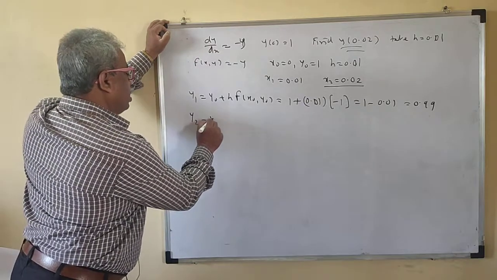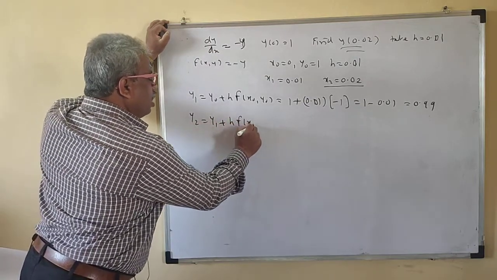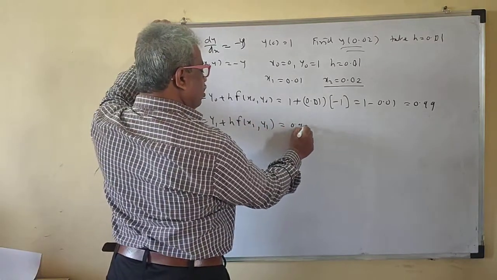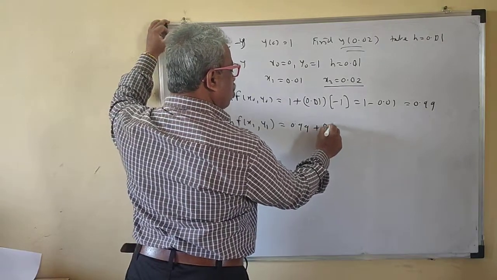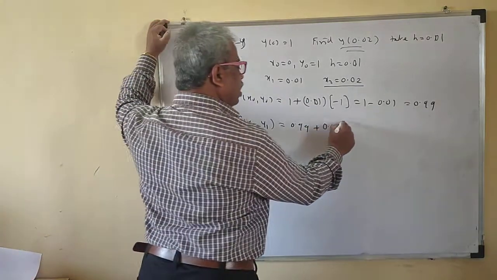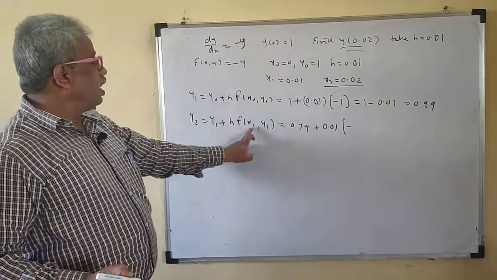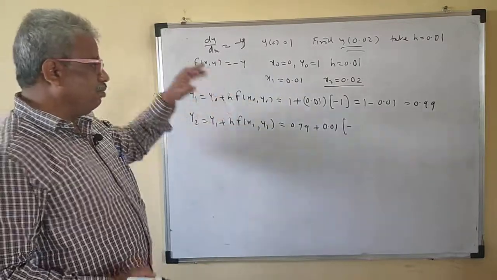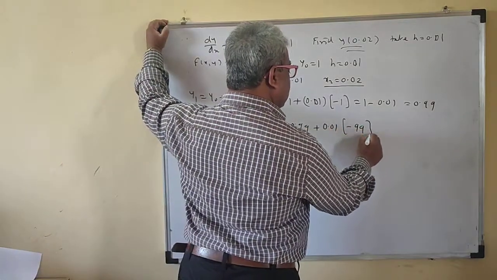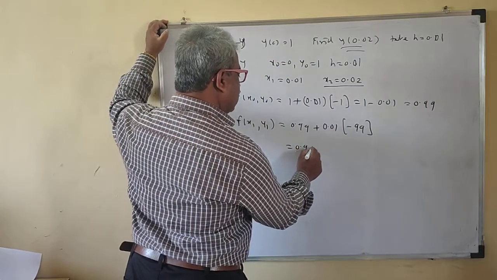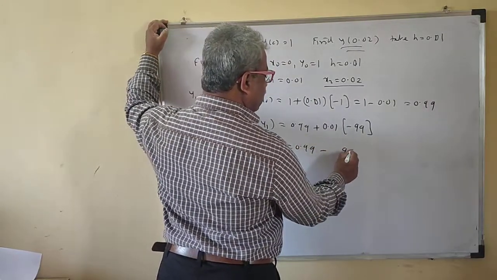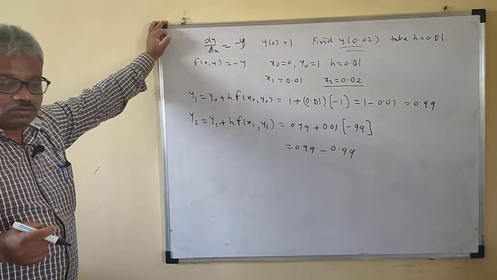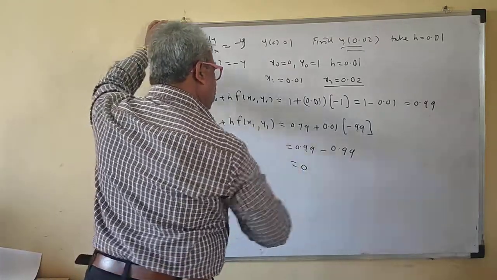Okay, so what is your y2 then? y1 plus h f of x1, y1. Your y1 is 0.99, plus h, which is 0.01, into f of x1, y1, which is minus y1, so minus 0.99.